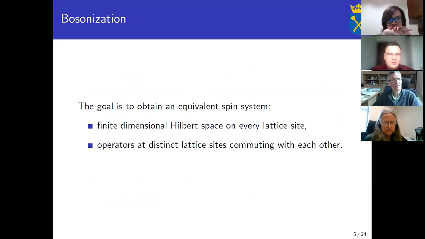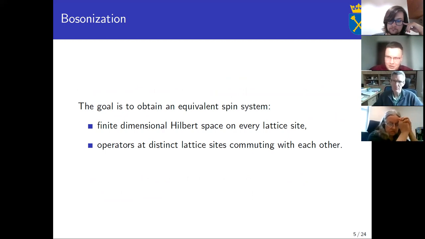Now, what I mean by bosonization. What is the goal? The goal is to obtain an equivalent spin system, and by a spin system, I mean a lattice model which has a finite dimensional Hilbert space on every lattice site, and some operators or fields, if you like, on every lattice site, and fields placed on different lattice sites are supposed to commute rather than anti-commute with each other.